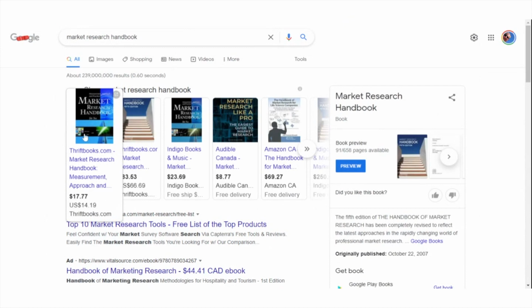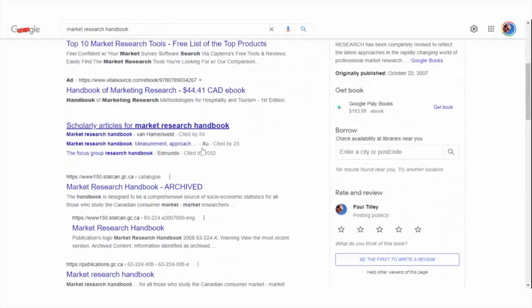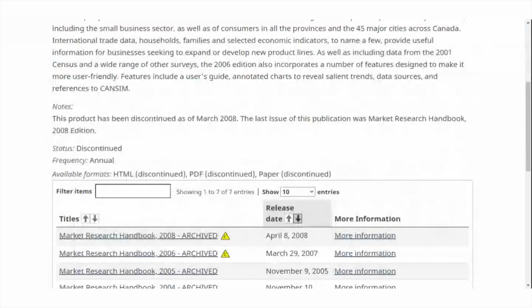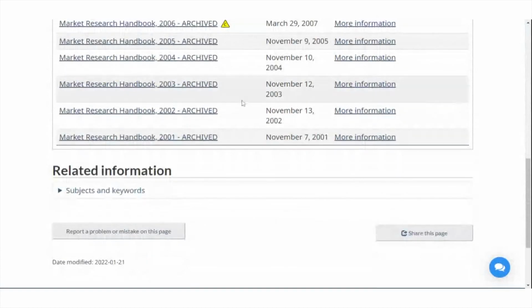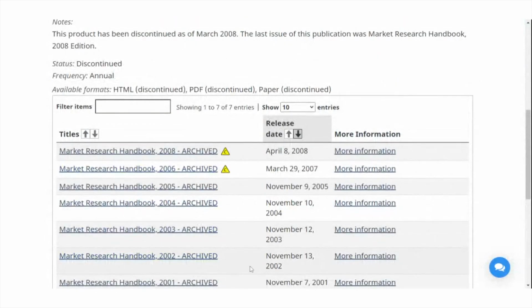This is something that you have to pay for, but there is such a thing as a Market Research Handbook that you can get, and I'm sure this information is online too, but you may have to pay for it. That's the trick. You can get some data, and a lot of the data that is older is free and available online. So I'm not going to dig into that, but I'm saying that that's there.